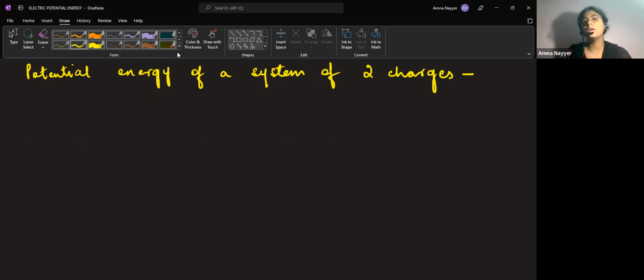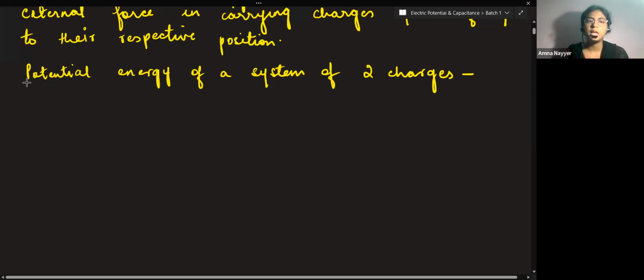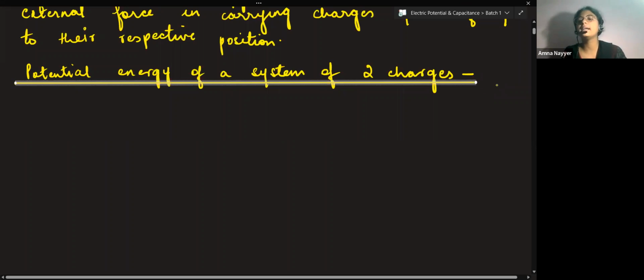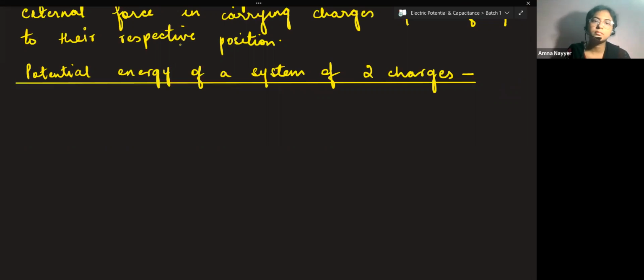If you have to assemble two charges only, firstly, where should the charges be?